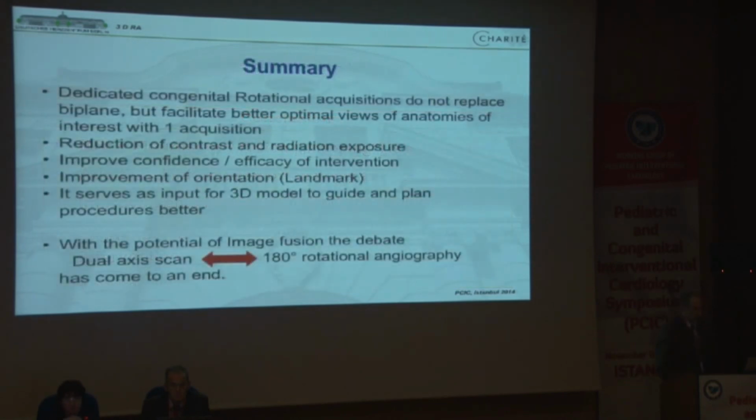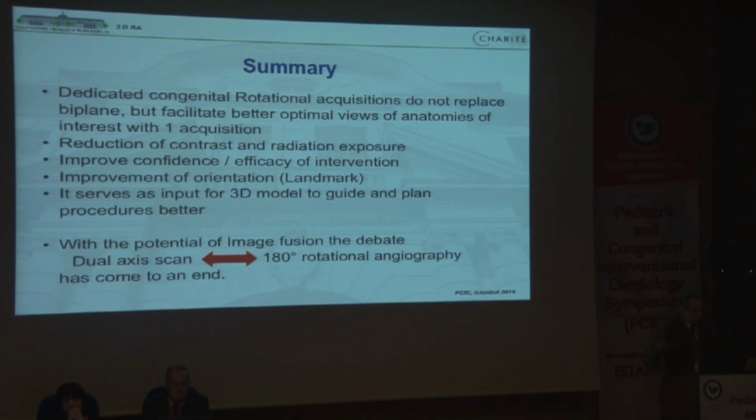I think to summarize everything, this dedicated congenital rotational acquisition does not necessarily replace the biplane angiography, but facilitates better optimal views of the anatomy of interest with just one acquisition instead of having two or three in any way.